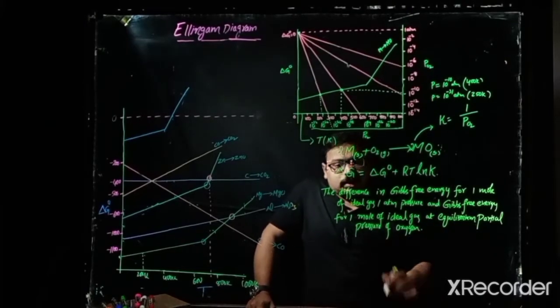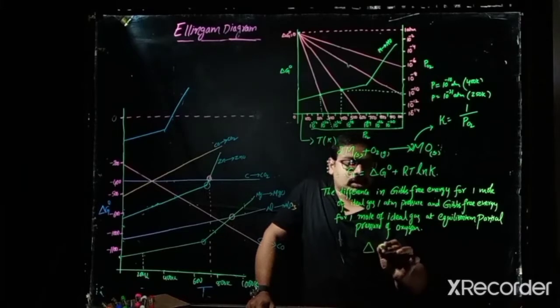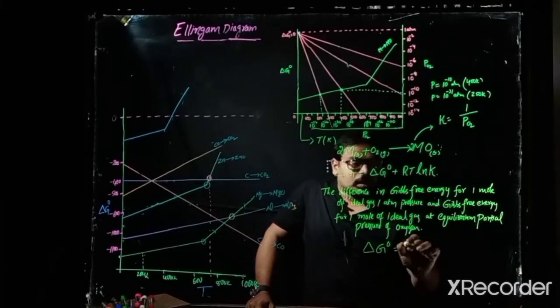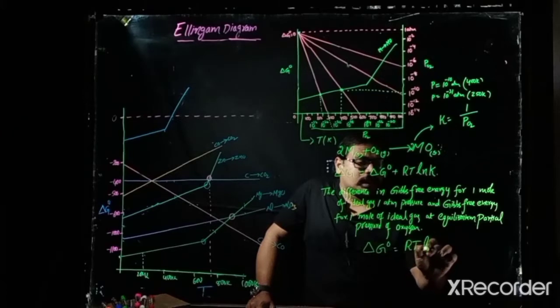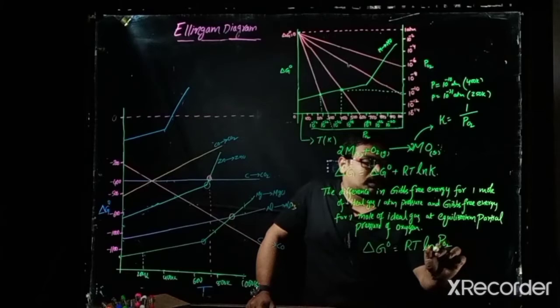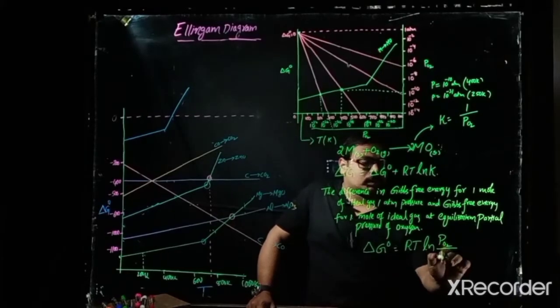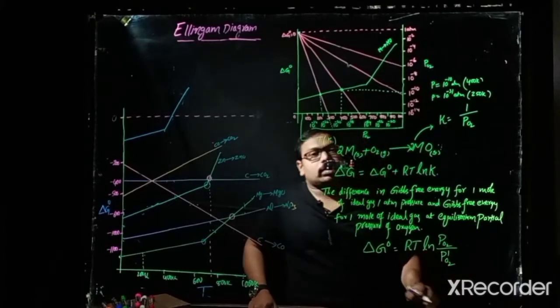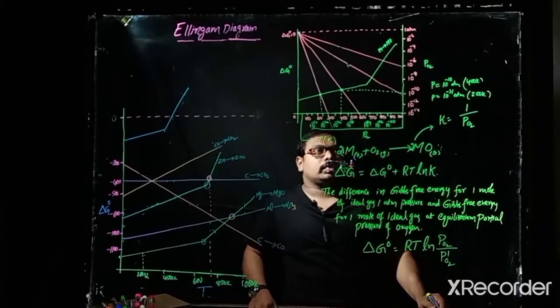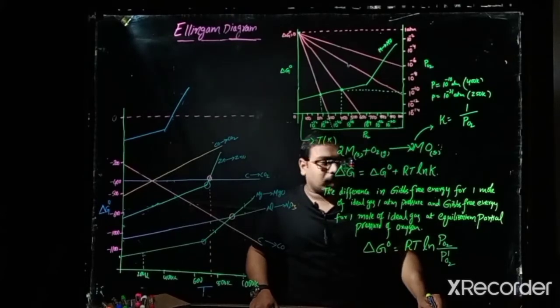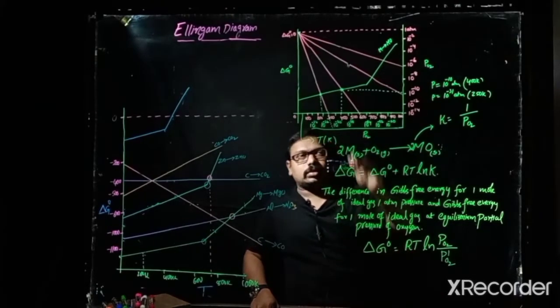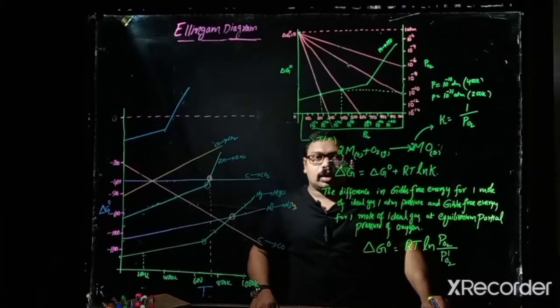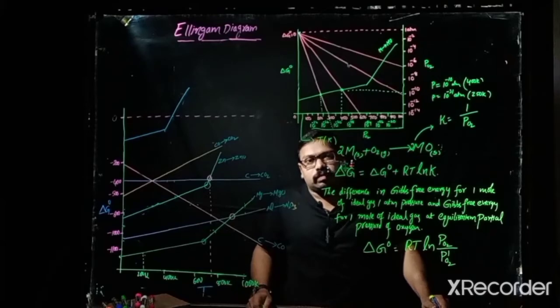What is that formula? Delta G naught is equal to RT ln of partial pressure of oxygen at 1 atmosphere by partial pressure of oxygen at equilibrium. I already said how to find the equilibrium partial pressure of oxygen for the oxidation of metal.